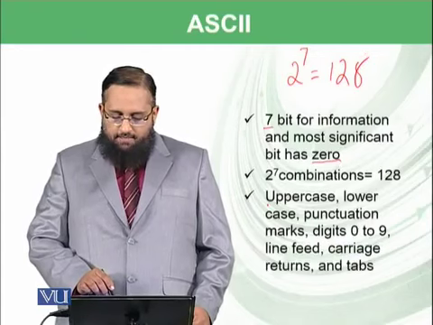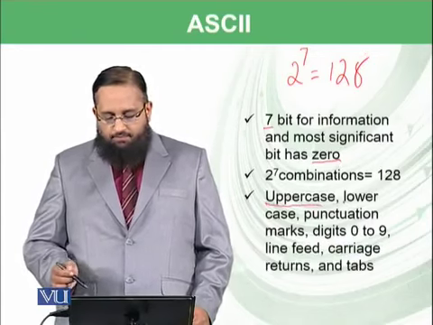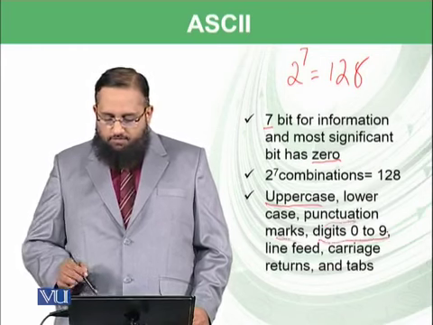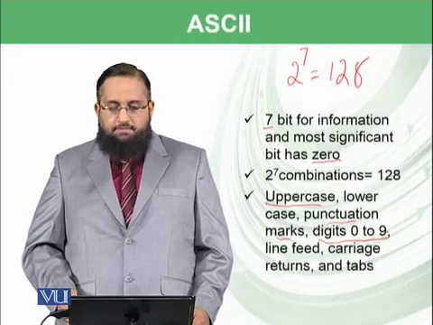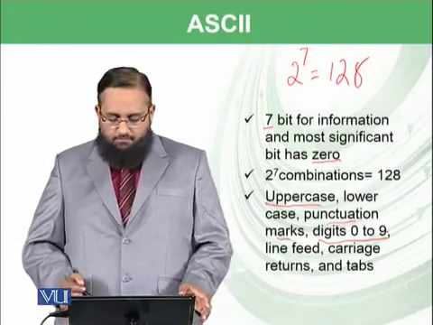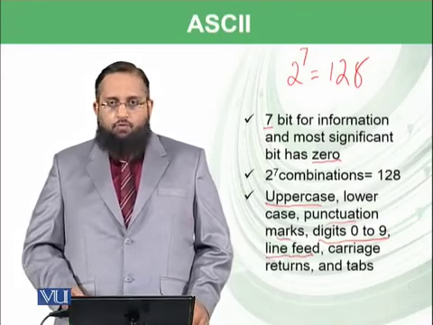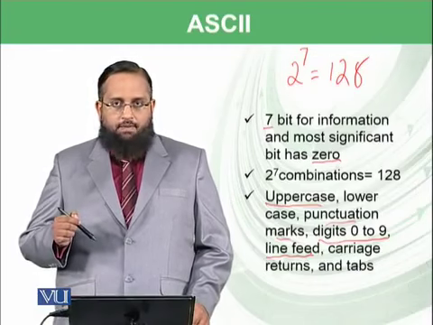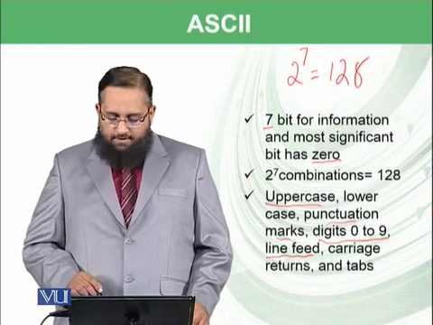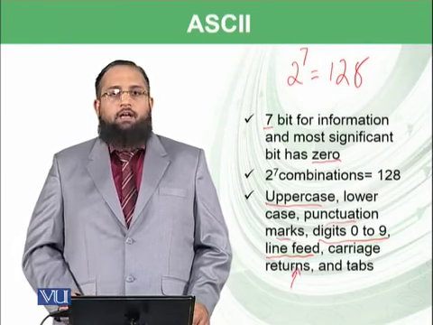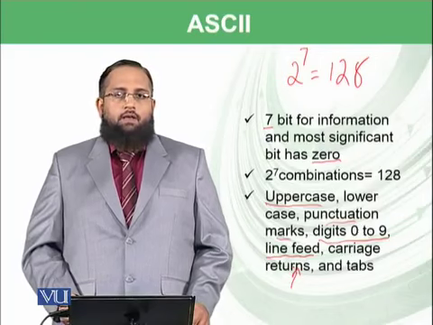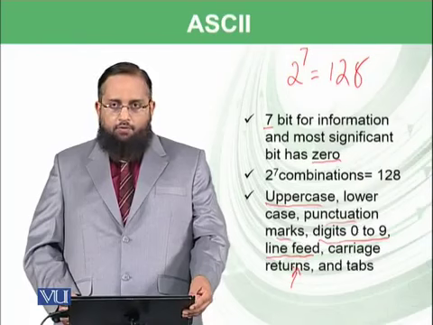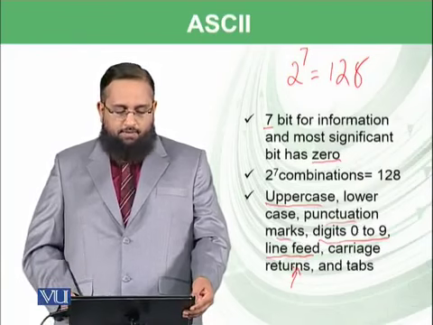Those 128 symbols would be uppercase alphabets, lowercase alphabets, punctuation marks, digits from 0 to 9, line feed, carriage return, and tabs. Line feed means that a next line symbol should be inserted, and carriage return means that you want to return your cursor to the start of your line. And tab, you know, is available on your keyboard.